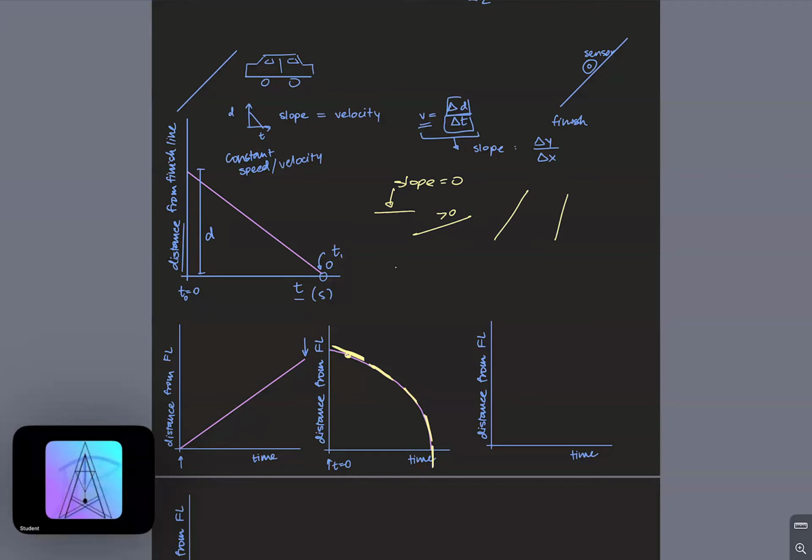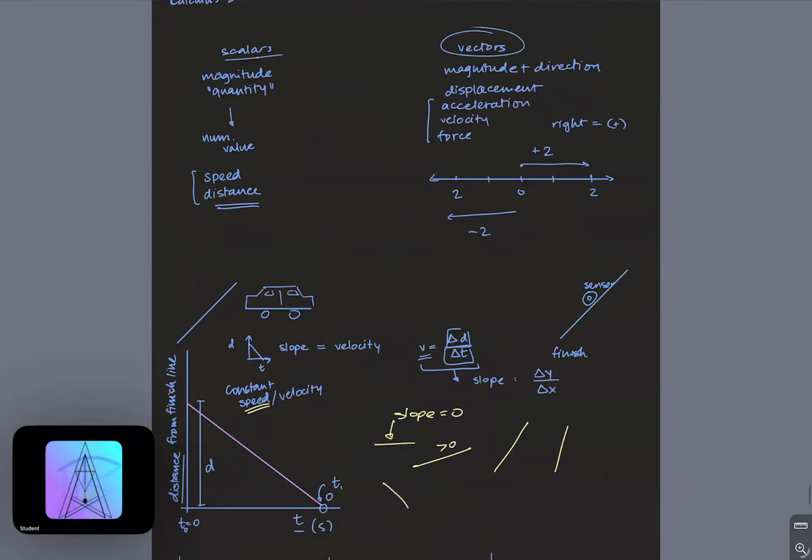And then you could go in the other direction. You could go down. The slope here is less than zero because it's negative. But like I said, when I'm talking about speed, I care about its magnitude, right? Is it because of something related to the absolute value? Yes, exactly.